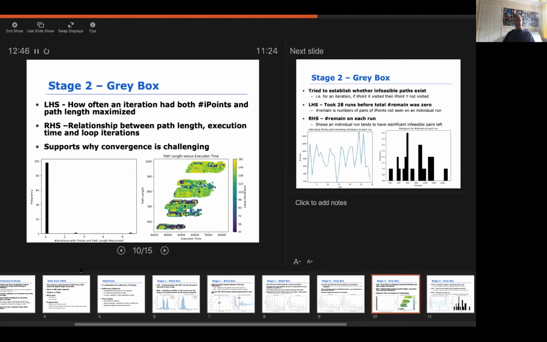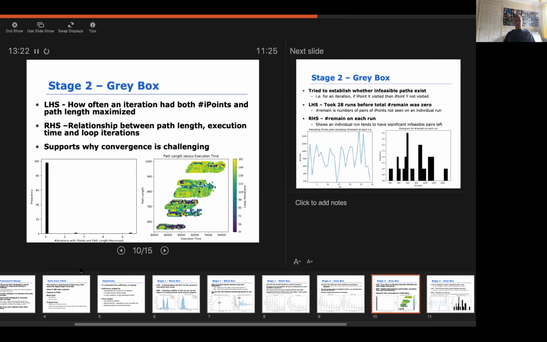Some other graphs that we found interesting when we go grey box and look at the information also emphasize the challenges in understanding software. On the left-hand side here, we have the frequency of the number of iterations where both the I-points and path length were maximized. Across the set of iterations, we look at the maximum I-points and the maximum path length, and then for each iteration, we ask whether we have maximized both at the same time.